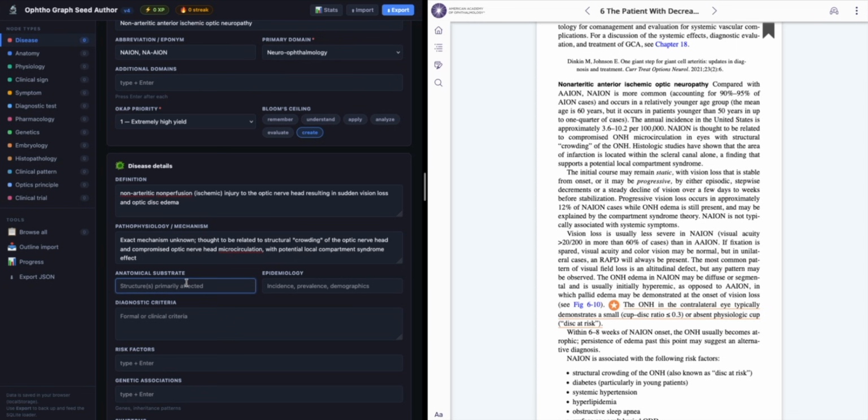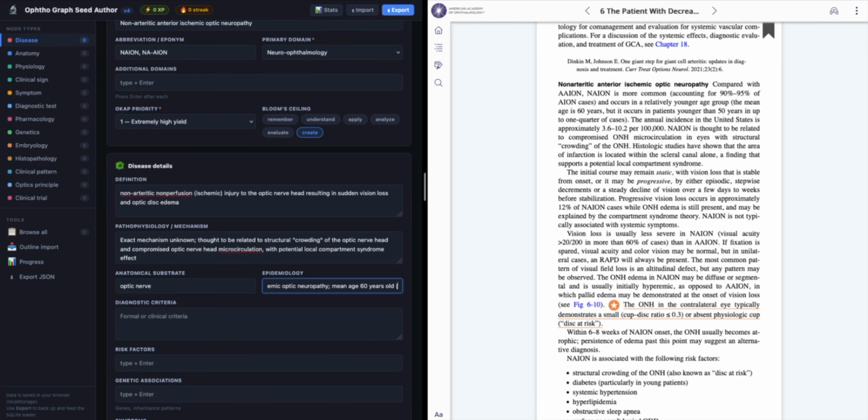So the anatomical substrate or structures primarily affected, that's the optic nerve, right? Incidence, prevalence, and demographics, so we put all of that in here. Most common cause of anterior ischemic optic neuropathy. Mean age 60 years old.